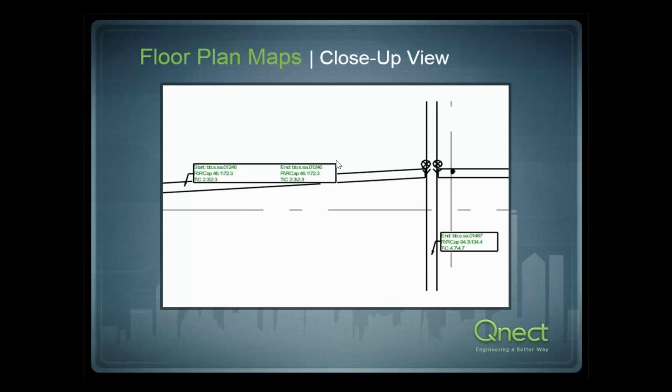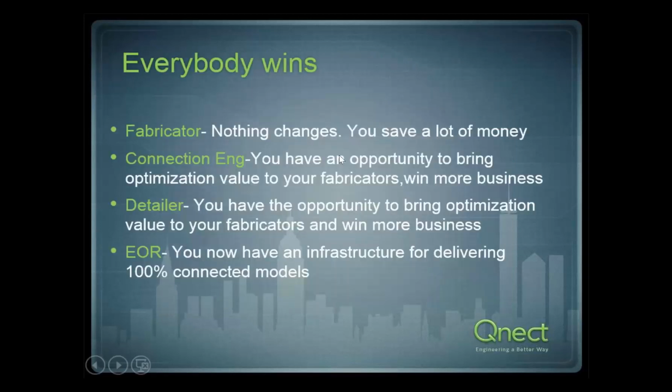The key is the connection engineer is now delivering 100% of the model, just like he did before. So for a fabricator, nothing is changing. The fabricator today hires a connection engineer and a detailer. The connection engineer will own the process of using Qnect.